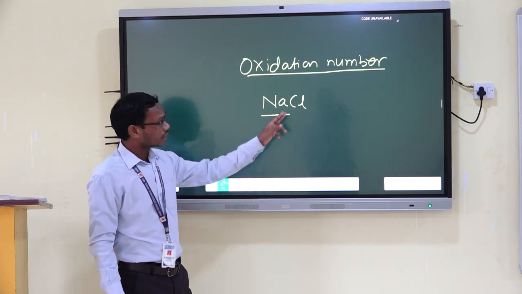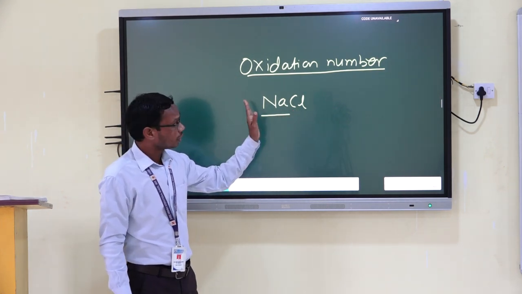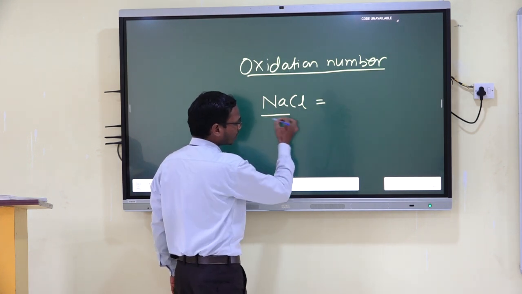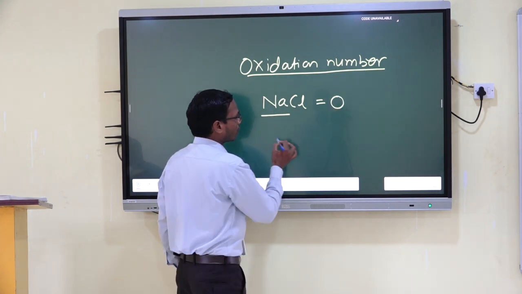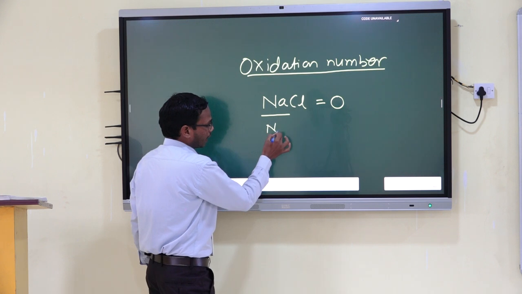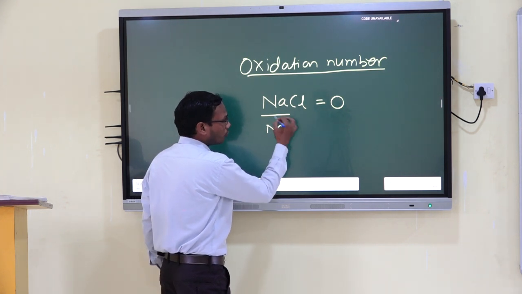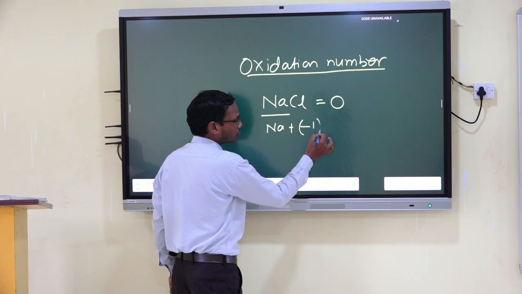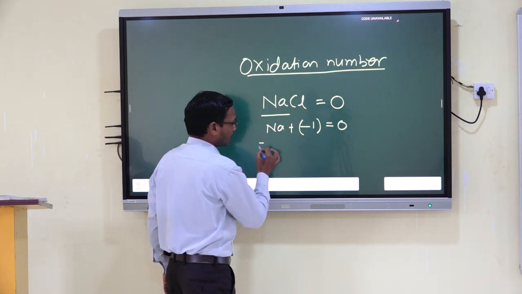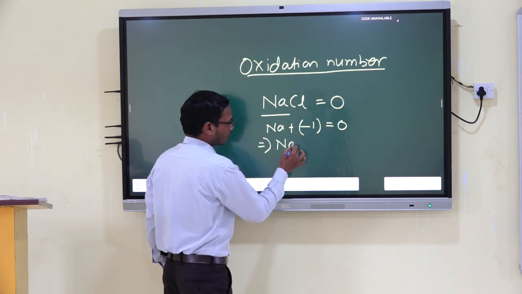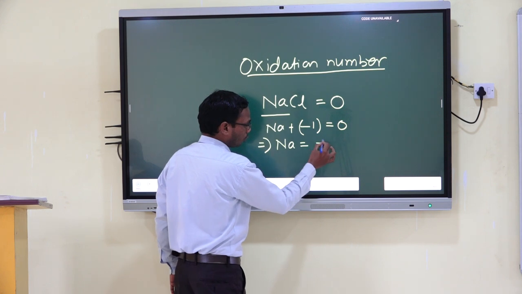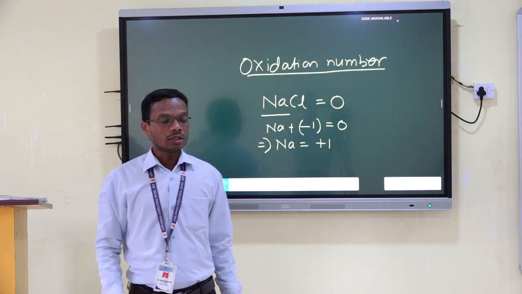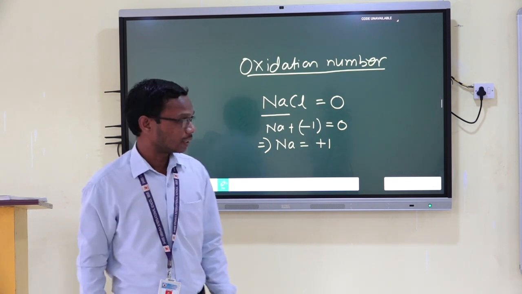There is another atom, Cl. When we remove Cl, the total charge is 0. We know the charge of chlorine is -1, so -1 plus the charge of Na equals 0. Then what will be the charge of Na? Equal to +1. This is the basic idea of oxidation number or oxidation state.